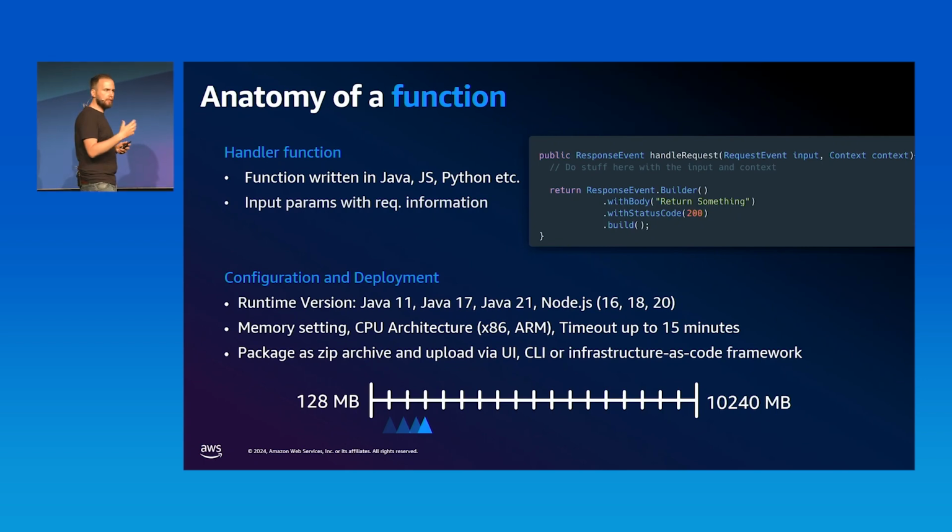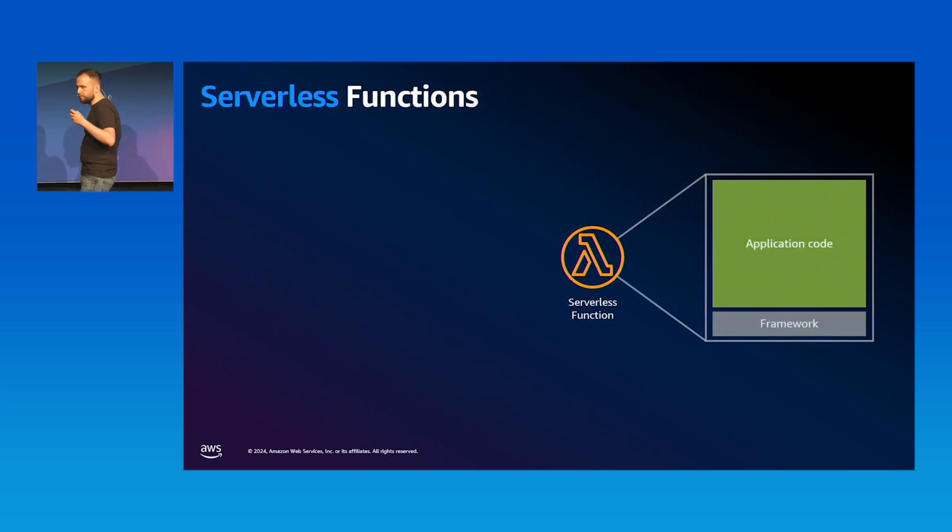So usually you have an opinionated set of things that you can define, but you're not as flexible here as you would be with a container. So what happens next? Let's say we have written our function, and now we upload it, maybe via infrastructure as code or via a jar or zip file, to Lambda. And now what happens next? We take that application and we hand it over to a service.